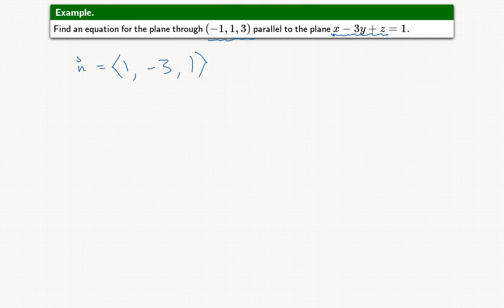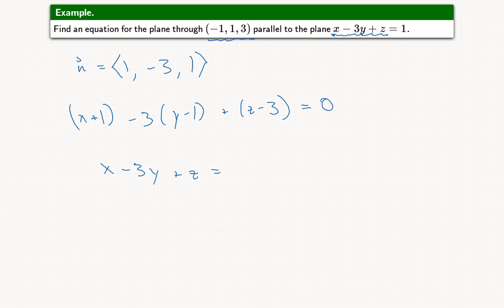So we get that (x plus 1) minus 3(y minus 1) plus (z minus 3) is equal to 0. And then we just move things over. So x minus 3y plus z is equal to, so that's 3, another 3, and so negative 1.